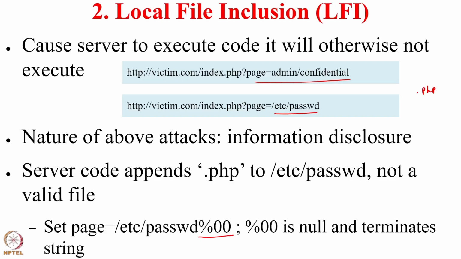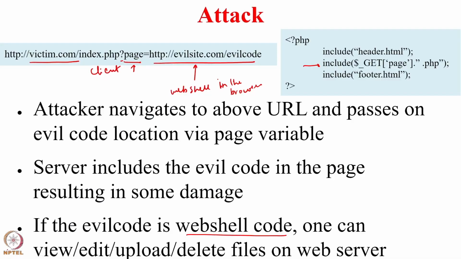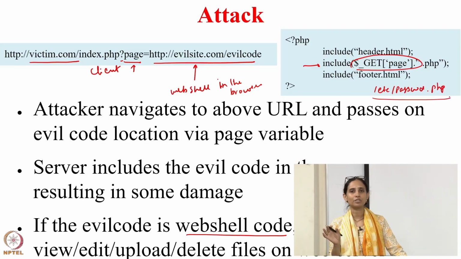I do not know if people have understood this point, so let me show it here. If you see here, this is /etc/password, but it is adding this .php and it will try to include that file, and there will not be any such file, because the file is only /etc/password, it is not /etc/password.php.